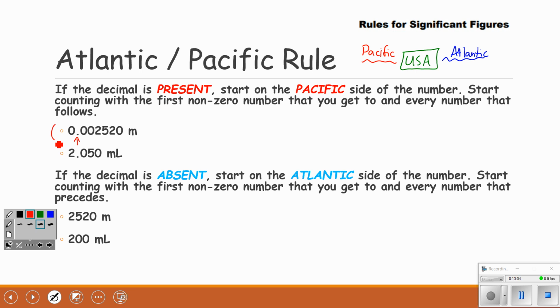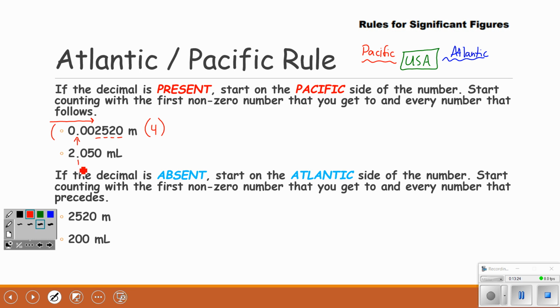The Pacific side is on the left of it. You're going to work your way in until you get to your first non-zero digit, which is the 2. That one counts, and then everything that follows counts as significant. So we would say that this number has 4 significant figures.